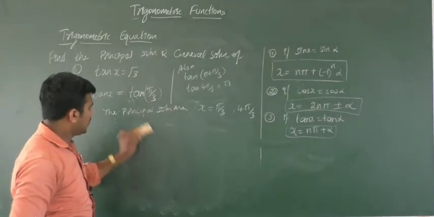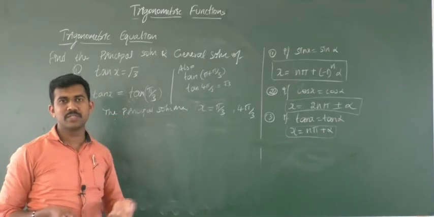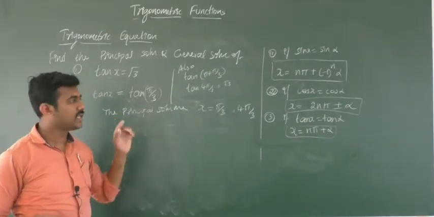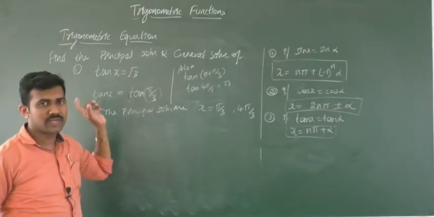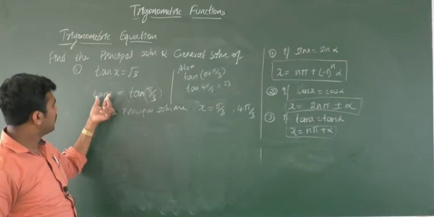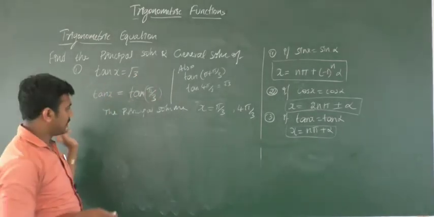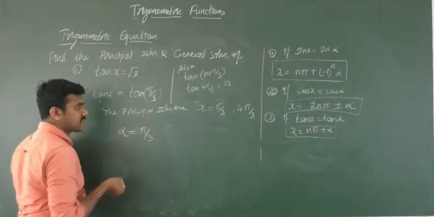Now we need to find the general solution by considering any one of the principal solutions. Let me consider the first principal solution, and then I'll write the general solution of this trigonometric equation. Here they gave tan x is equal to root 3. We can consider x is equal to pi by 3 or x is equal to 4 pi by 3.